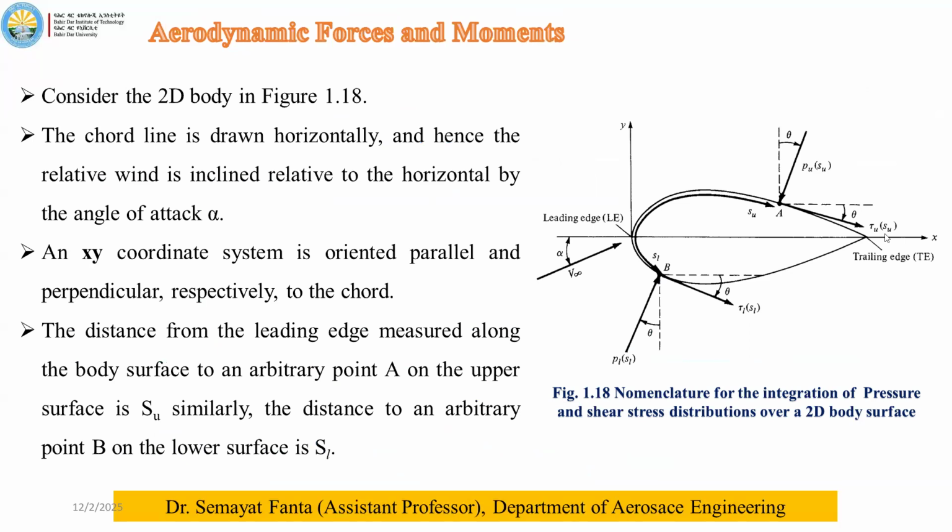So how do you represent the pressure and shear at the upper surface? P_U represents the pressure at the upper surface. Similarly, P_L represents the pressure at the lower surface, and tau_L is the shear at the lower surface.